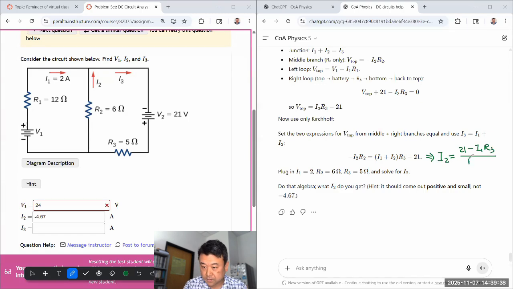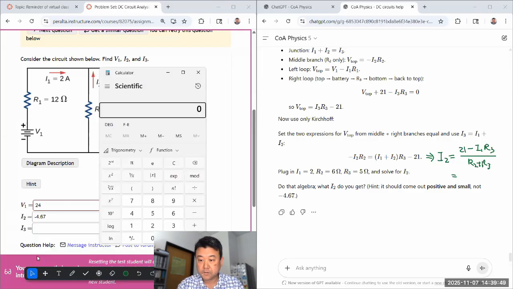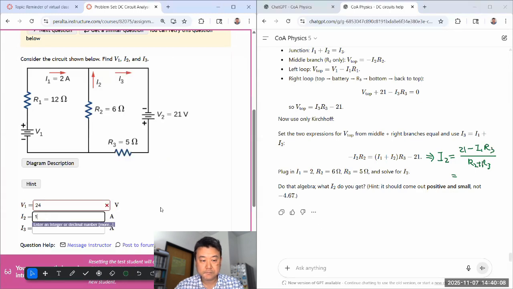Plugging in the numbers: 21 minus 2 times R3 of 5, divided by R2 of 6 plus 5, is equal to 1, maybe.